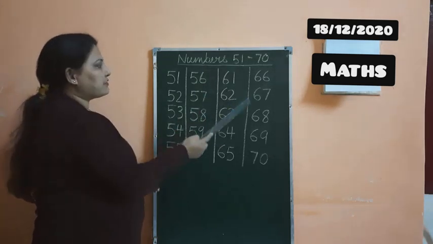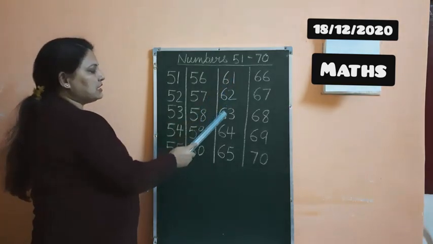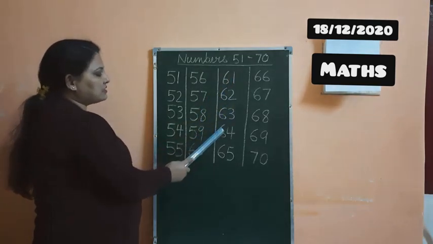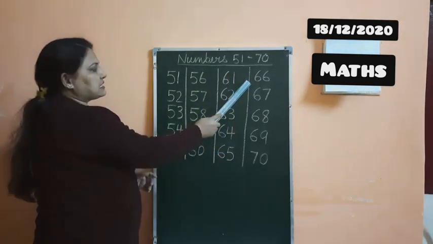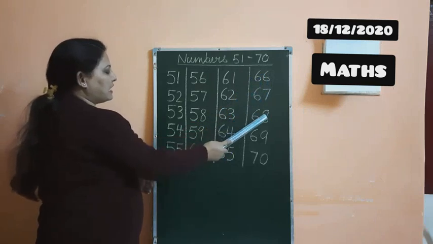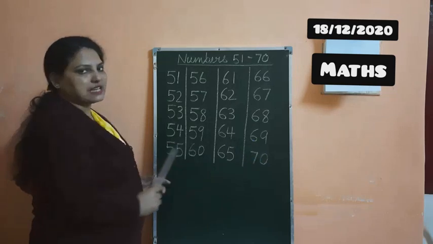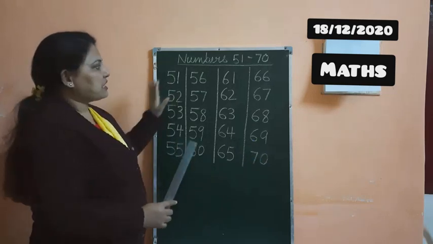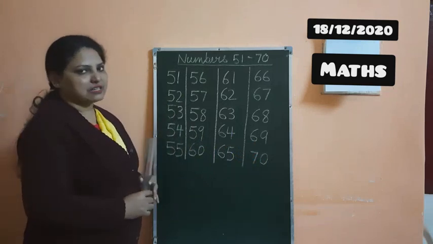Okay, repeat after me. 61, 62, 63, 64, 65, 66, 67, 68, 69, 70. So this much we have learned, numbers 51 to 70.